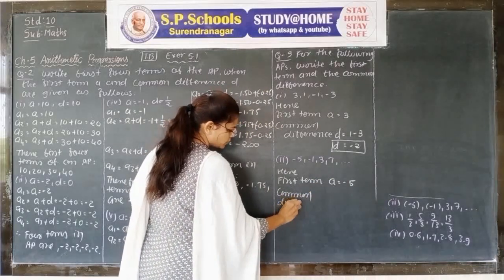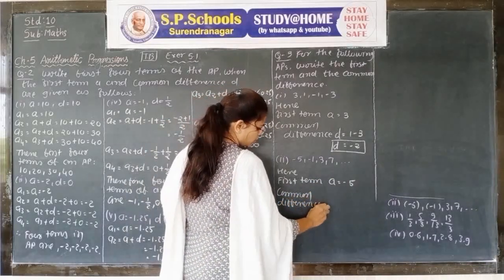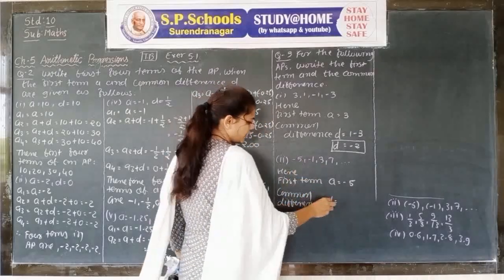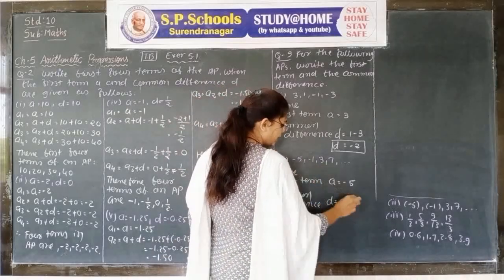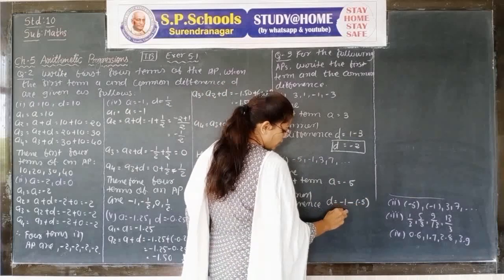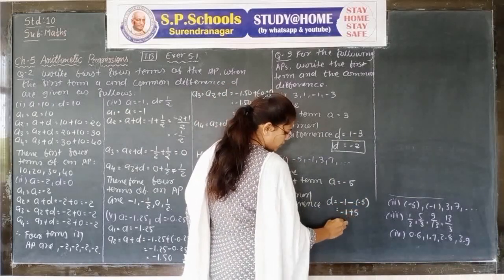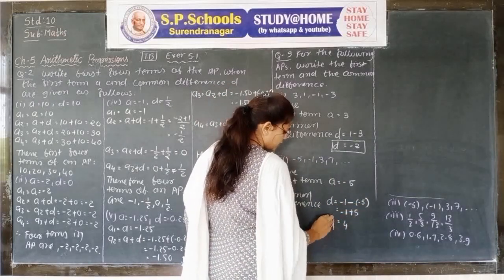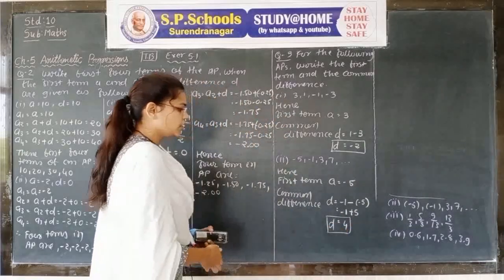Common difference D is equal to second term minus first term, minus 1 minus of minus 5. Minus 1 plus 5 is equal to 4, where A is minus 5 and the common difference is 4.